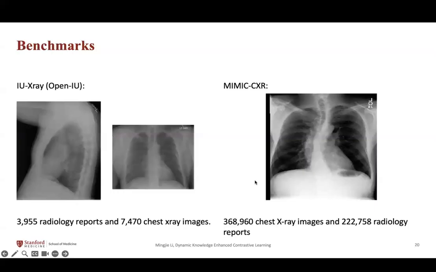And MIMIC is the largest radiology dataset to date, consisting of 368,000 chest X-ray images and 222,000 radiology reports, which is split officially. It means that you can easily use the train, validation and test split to compare your method with other methods fairly. There are also a lot of sub-datasets built on MIMIC, like RadGraph.